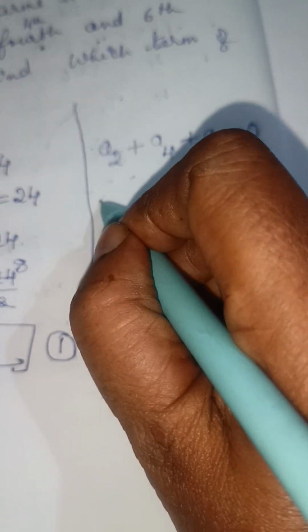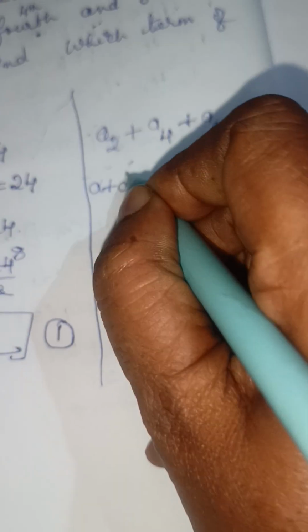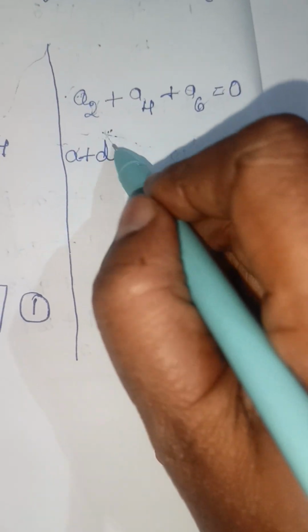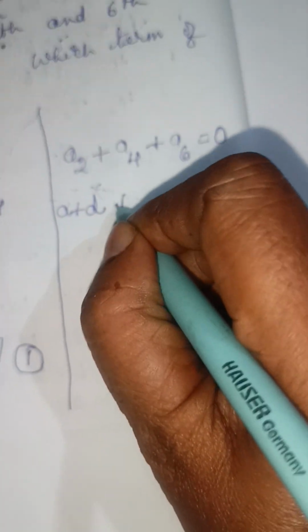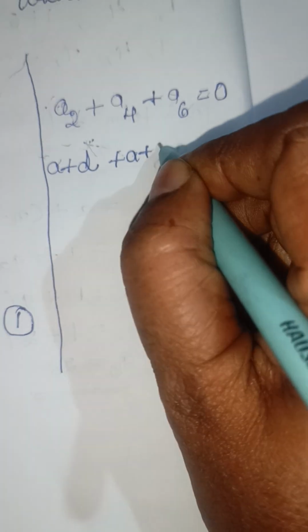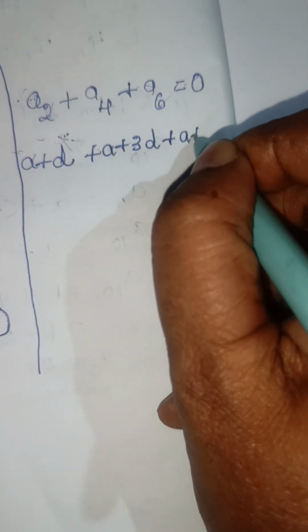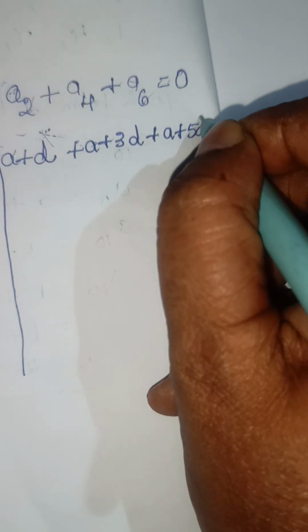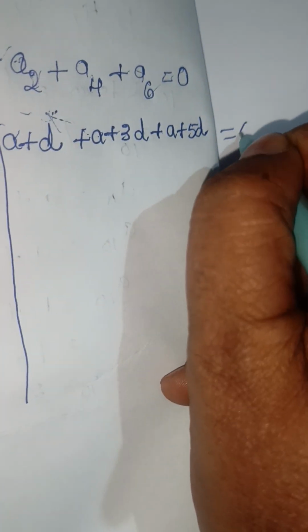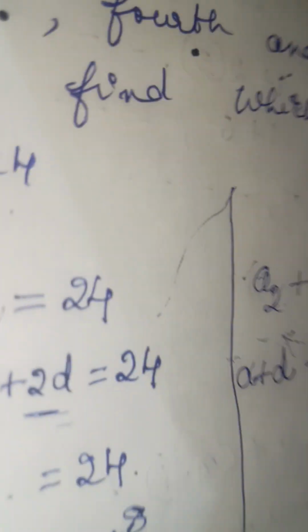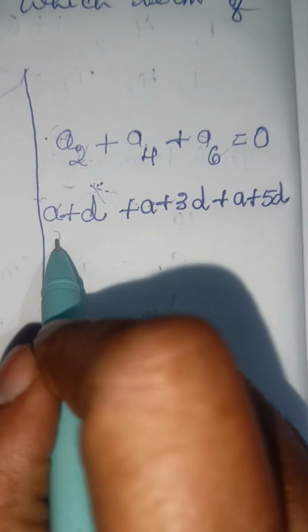Second term can be written as A plus D. Fourth term can be written as A plus 3D. And sixth term can be written as A plus 5D. And this is equal to 0. Now let's count how many A's are there. So A.